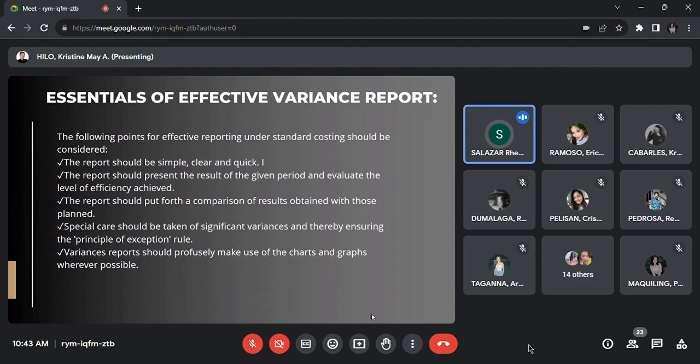Essential effective variance. The variance report is usually used to analyze or identify the difference between the budget and actual performance. The variance report compares planned financial outcomes with the actual financial outcomes.